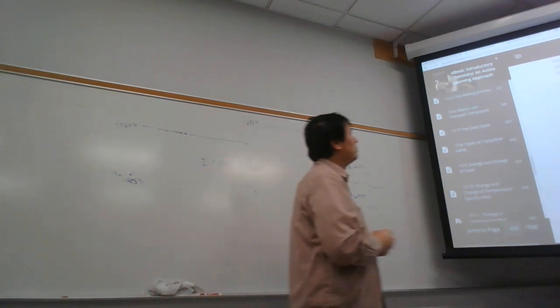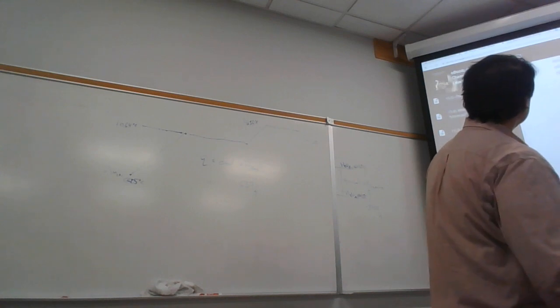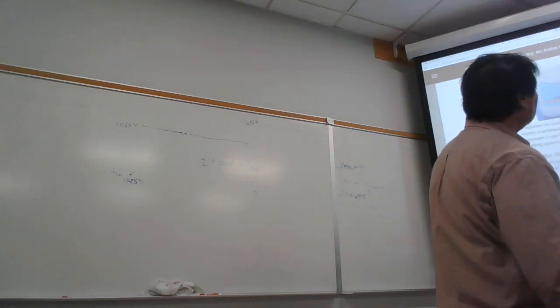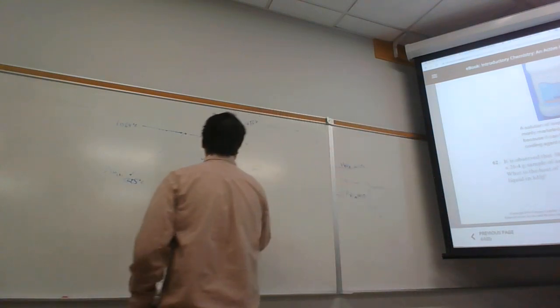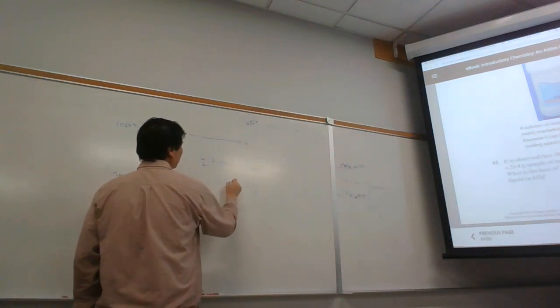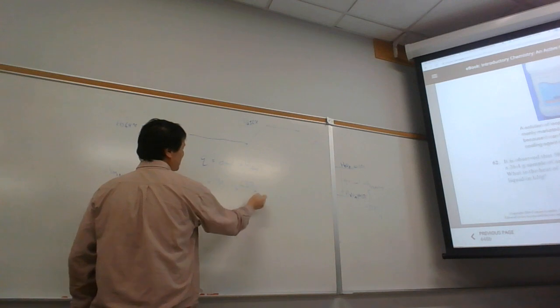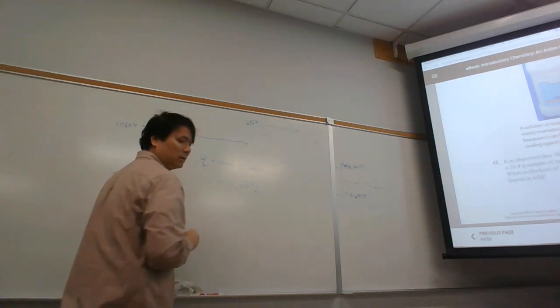And then what was the amount? Take a look at the amount. The amount of gold is 35.4 grams of gold. Grams cancel, that gives us joules.